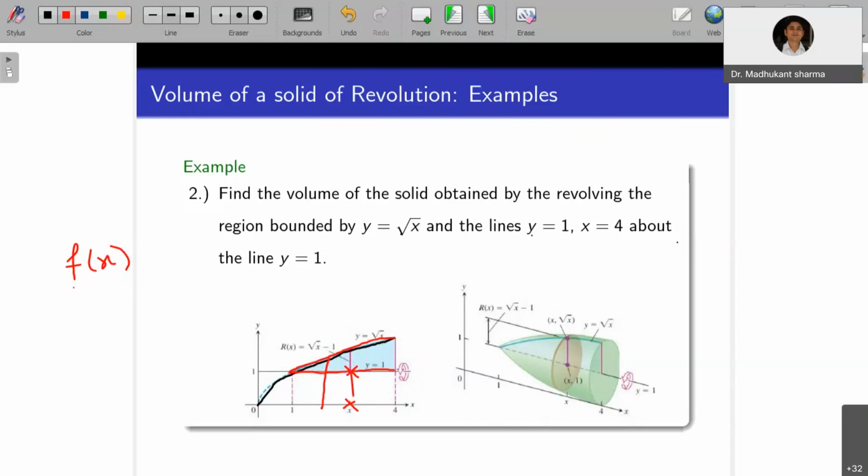So this side at any point is given by root x minus 1. The rest of the things are similar. So the volume of the solid will be given by pi times root x minus 1 whole square dx, and the limits are x equals 1 to x equals 4.